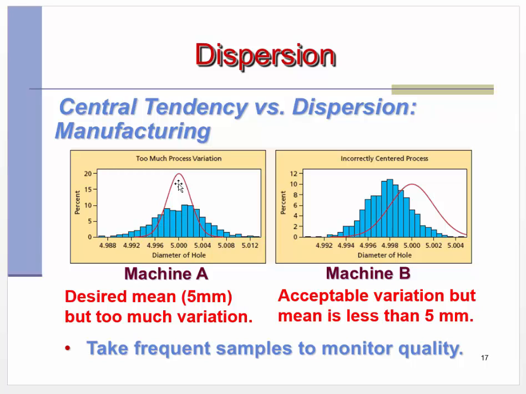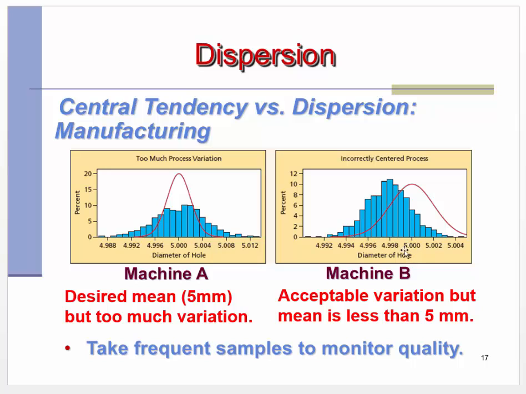The average seems to be around 5.0, but there's too much variation here, too widely spread, right? And it looks like it's an old machine, it comes over and out, right? Machine B, look at that one. It seems to be more focused, more centered around 4.998, and the variation is acceptable, but the mean is less than 5 millimeters.